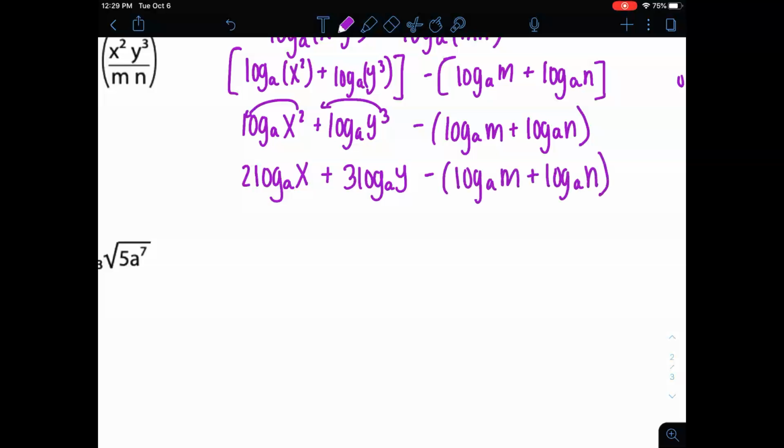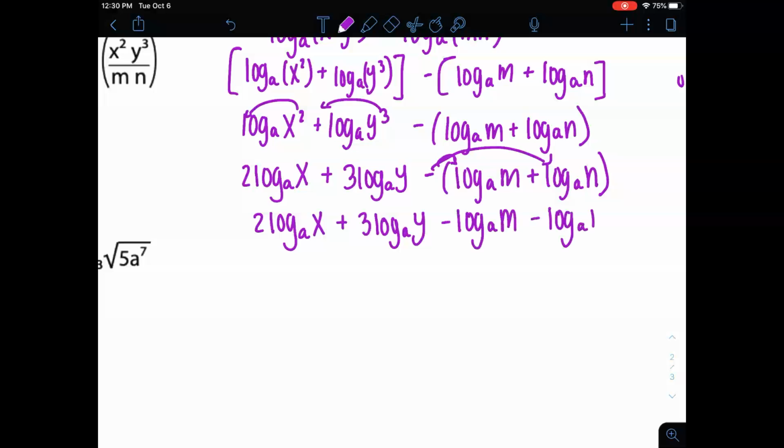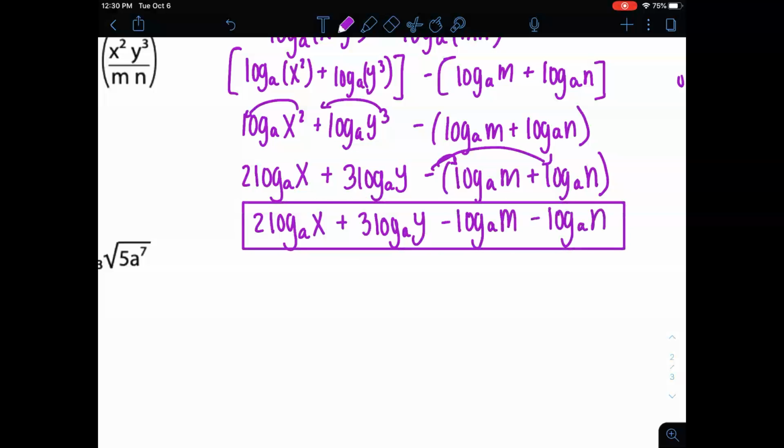If I told you there should be no parentheses or brackets in your final form, then we would distribute the negative sign. So my official final answer would be 2 log base A of x plus 3 times log base A of y minus log base A of m minus log base A of n. And this would be your final answer.